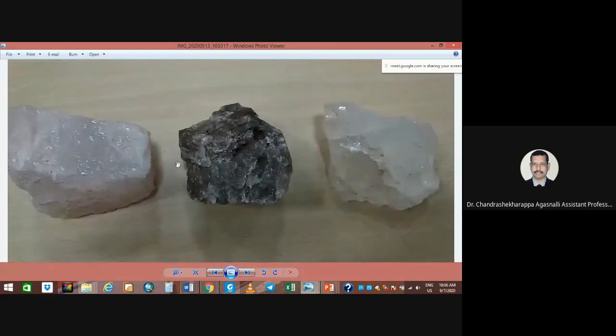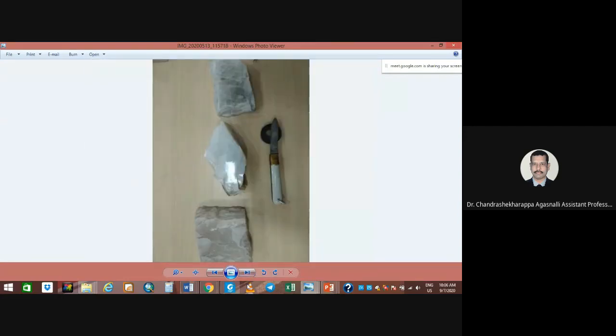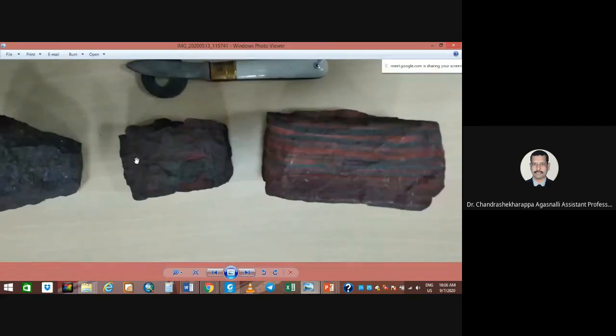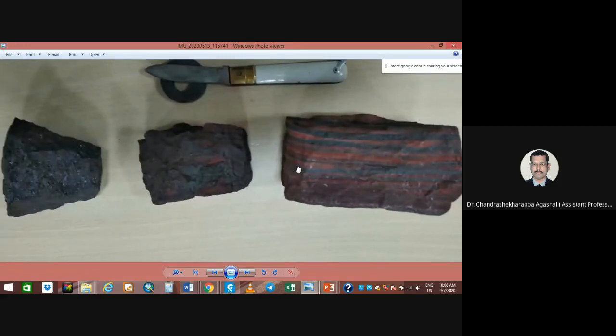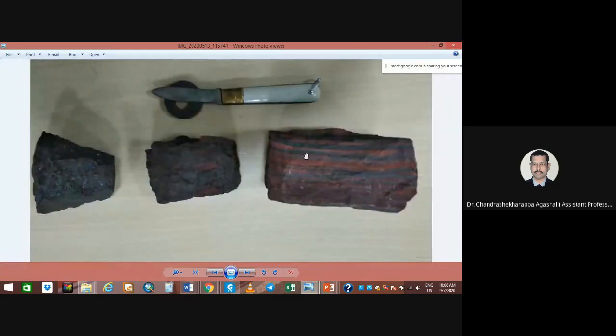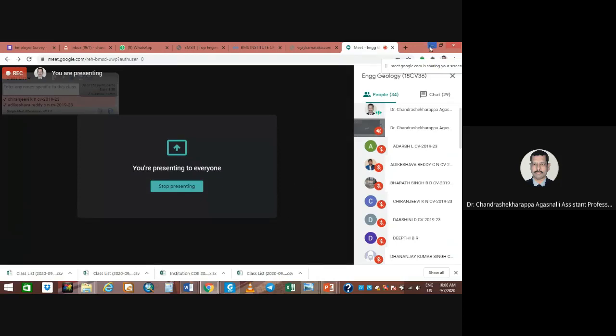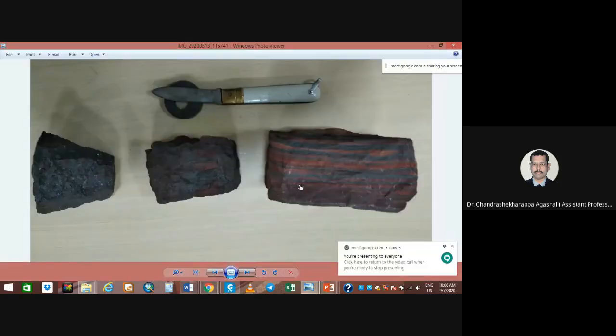If the cleavages are absent, say for example, here the cleavages are absent, you cannot see the cleavage, you cannot see the weaker zones here. So what will it do? It will break in no particular shape. There is no proper shape for that. So we call it an uneven fracture.